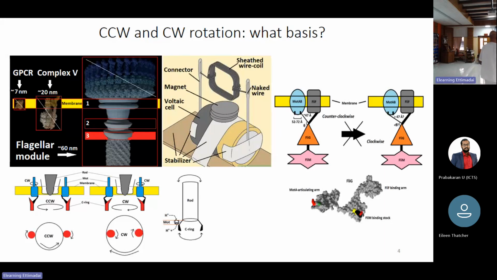It changed. Why? Because some people mutated the amino acids that were supposed to be allowing the protons to come in. They mutated all the amino acids and saw there was no effect on the rotary motion. So they shifted; they said this was the rotor.